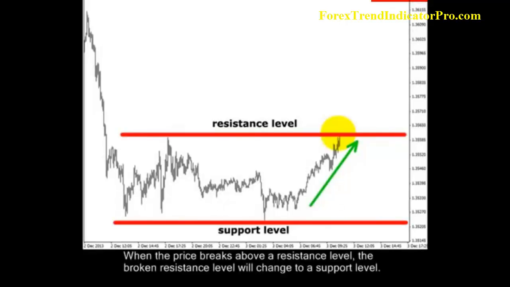When the price breaks above resistance level, the broken resistance level will change to a support level.